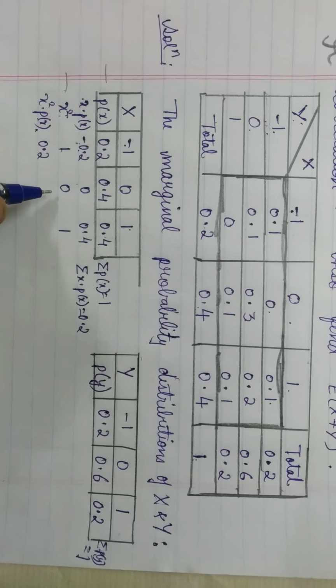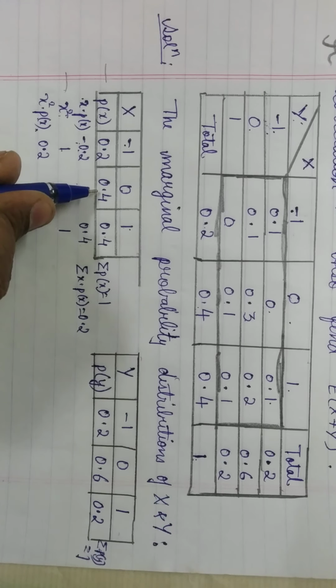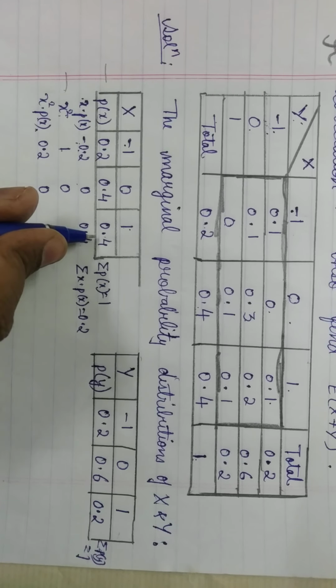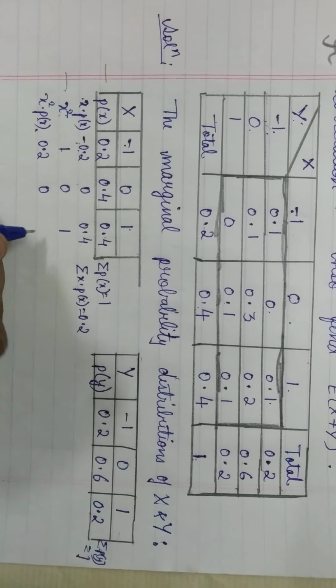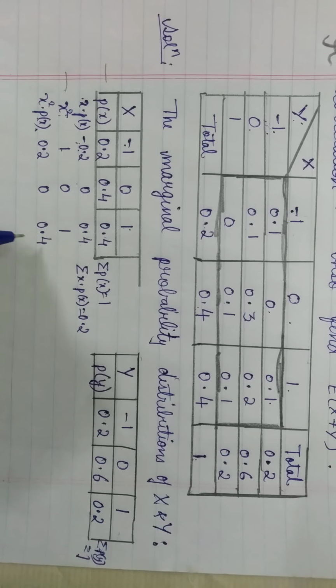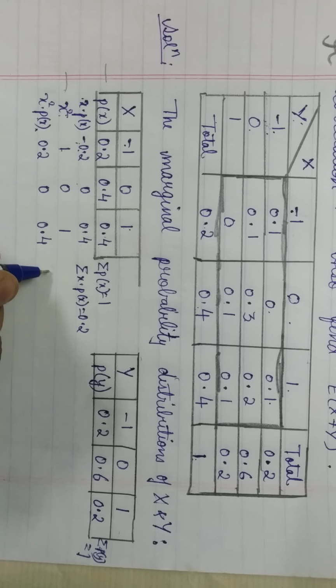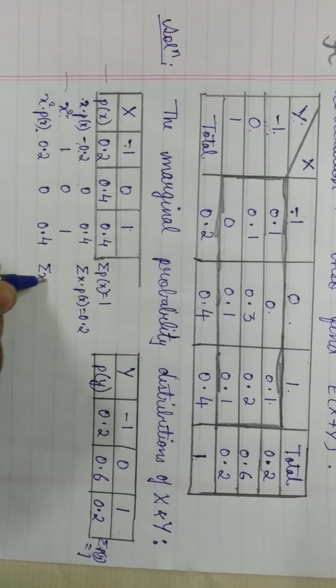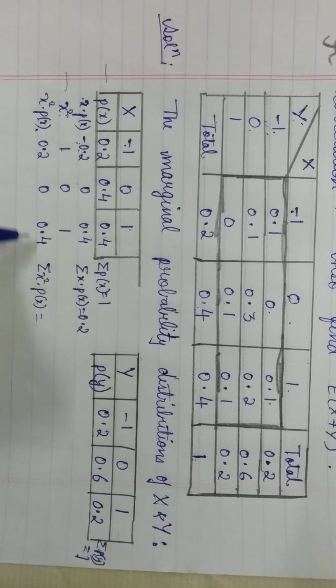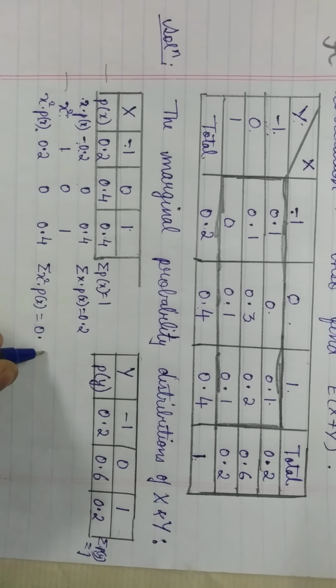Then here x square is 0 and this is 0.4, so this also becomes 0. 0 multiplied by anything is 0. X square is 1 and P of x is 0.4, so it is 1 into 0.4, which is 0.4. Now find the summation of x square into P of x: add up all this and you will get 0.6.